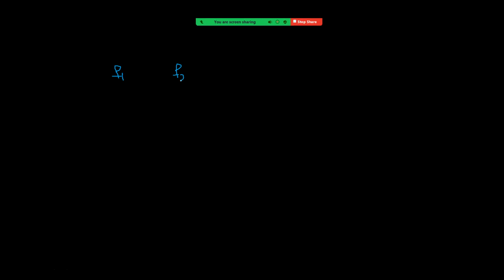The second, F2, equals V by 4L. V is given as 320 meter per second, and L is given as 40 centimeter, that is 0.4 meter. This becomes 200. So the previous question and this question are almost the same. The only change is that here we have to find the second frequency from the given condition. Now, given that beats are 5.